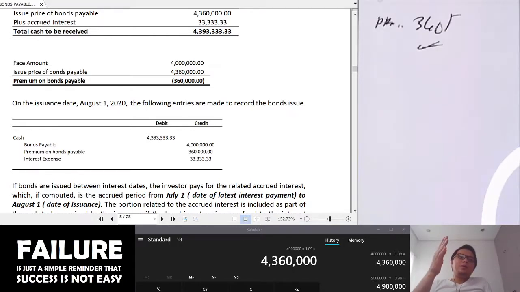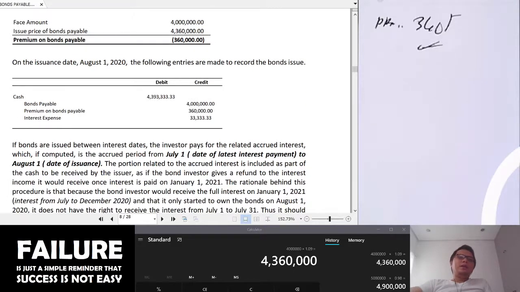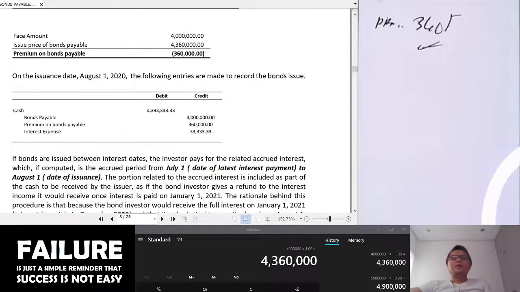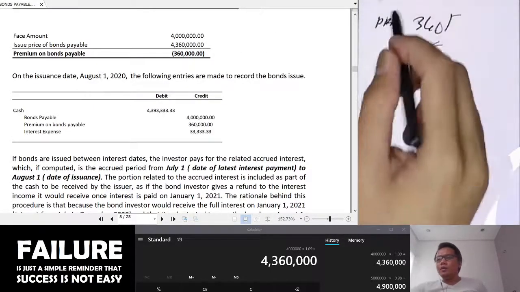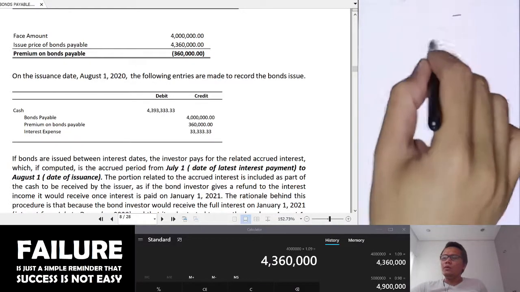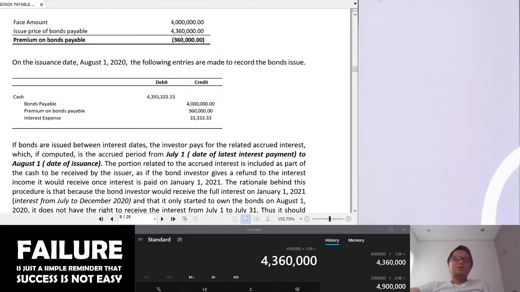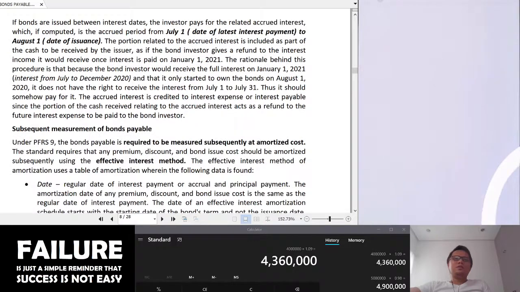Kahit na within the month lang siya considered as the owner of the bond. Okay? So, i-refund lang niya tayo dun sa ibabayad natin na accrued interest sa kanya. Okay? So, that is how we are to recognize bonds on initial recognition.